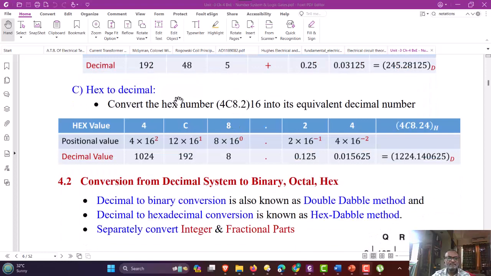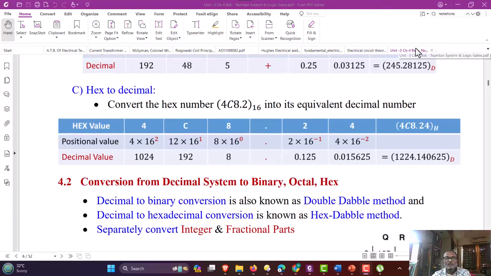Let us see hexadecimal to decimal conversion. On the same track, we have 4C8.2 hexadecimal into the equivalent decimal number. We have written now here the hex value. The hexadecimal point is also shown. Now the zeroth position is the digit 8. The corresponding positional weight is 16 raised to 0. So 8 into 16 raised to 0, that is 8.